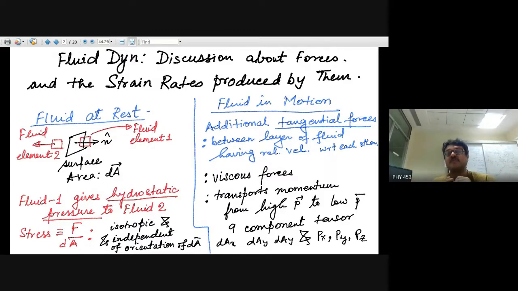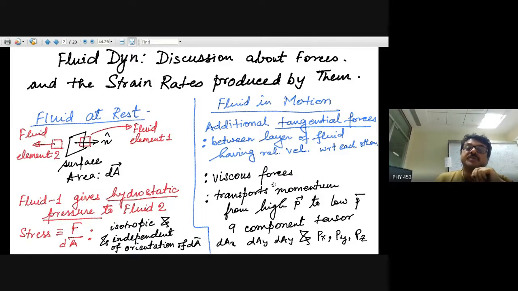So the fast moving fluid across a surface will be pulled back and slowed down by the slow moving fluid, and in turn the fast moving fluid will try to pull and increase the speed of the slow moving fluid. So there will be viscous forces.